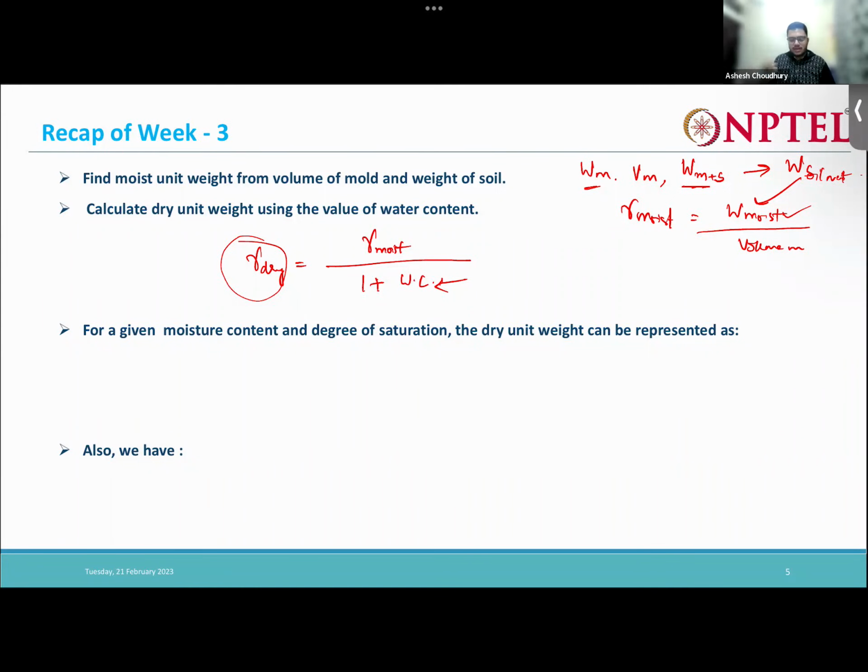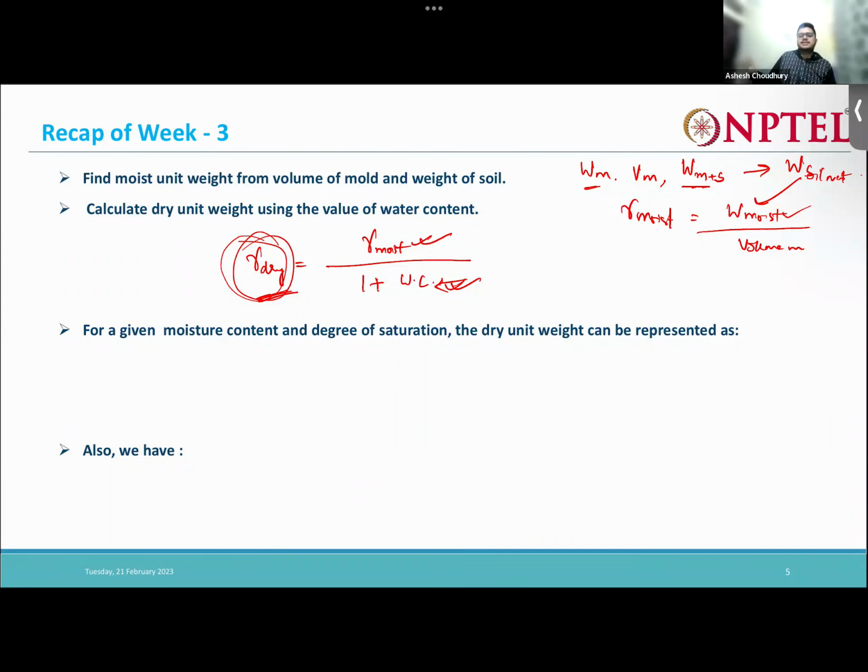This is a basic test, right? We can easily find the water content by drying the soil in the oven. So we dry a little amount of soil in the oven and find out the water content. So for each soil, we will know the moist unit weight, and we will also know the water content, and from there you can find the dry unit weight. Okay, so for each fill we can know the dry unit weight, correct?